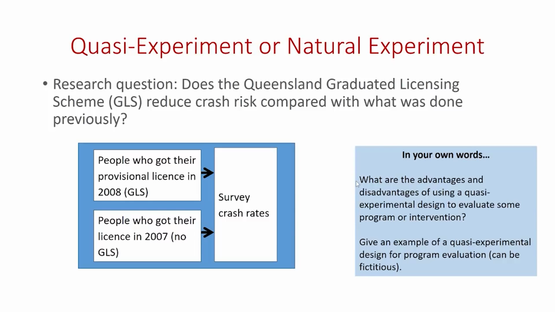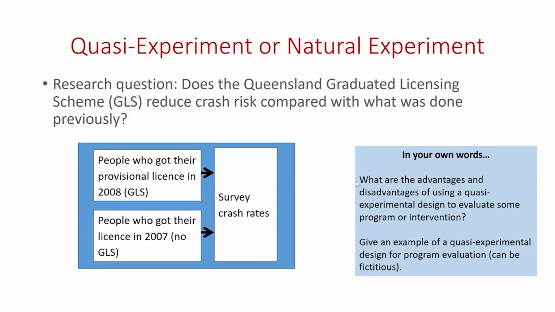But the disadvantage we've introduced is that we can't be absolutely sure that if there's a difference between our 2 groups, and there is a difference, so that under the graduated licensing scheme, novice crashes have reduced by about 13% per year, which is great, but we can't be 100% certain that that's due to the scheme, because it could be due to some other factor that changed between 2007 and 2008.